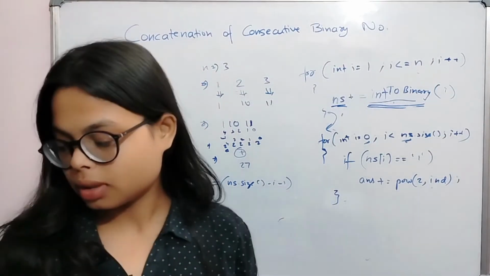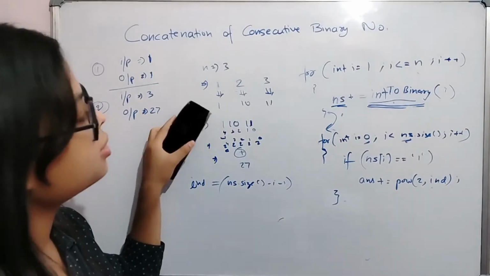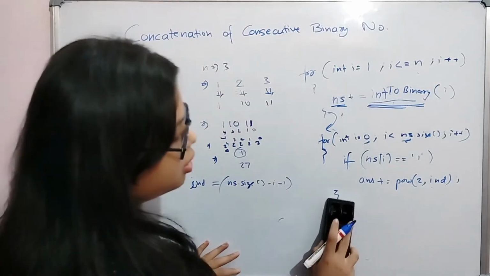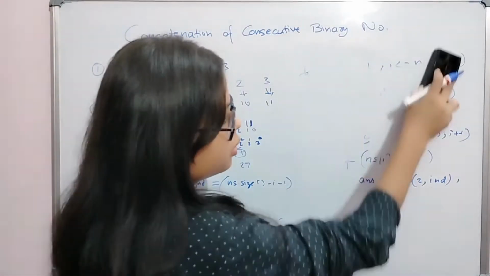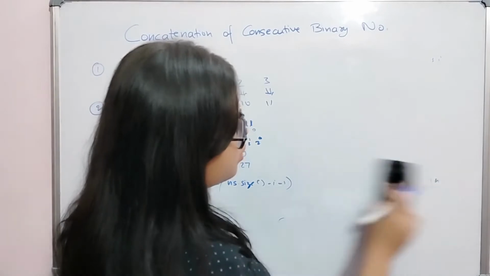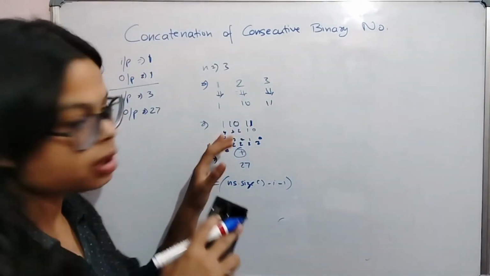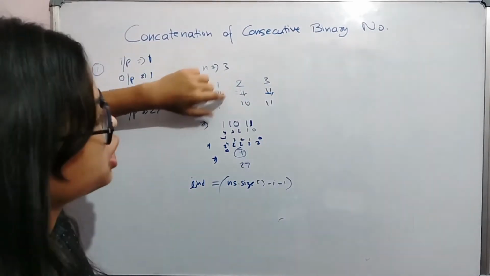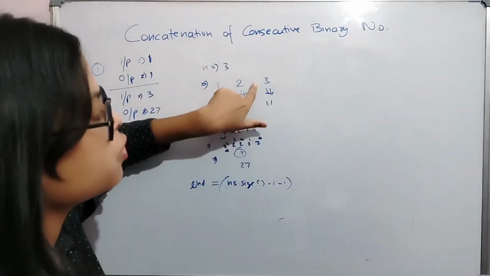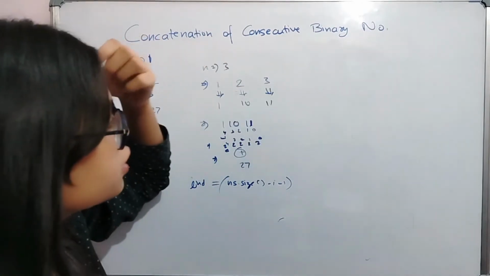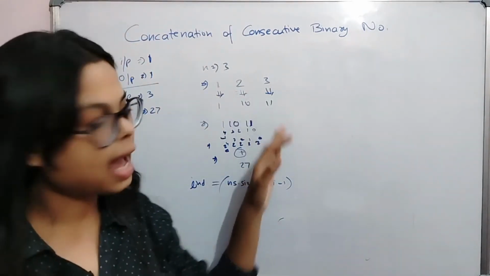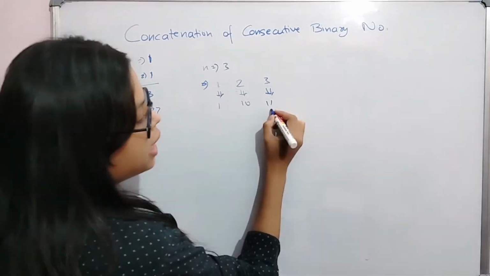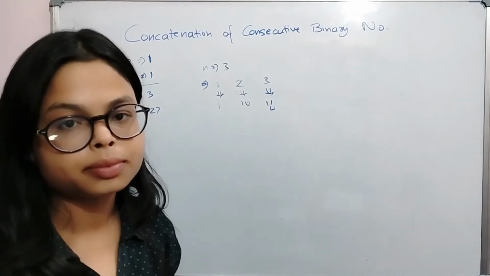If I expand this, what I can see is for 1 we have 1, for 2 we have 1 0, for 3 we have 1 1. So we are adding to the answer only when we have a 1 in here, okay?